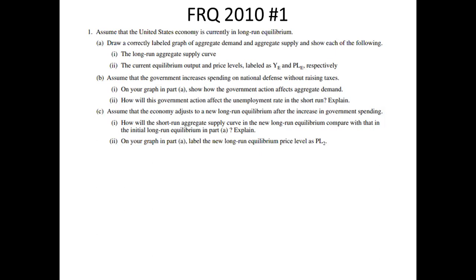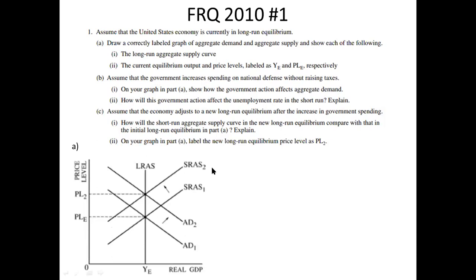So first thing we have to do is draw a graph, right? So we're going to look at our graph here. This graph includes parts from the rest of the question, but what you should draw is AD1, SRAS1, and LRAS. Boom, your long-run aggregate supply curve is always vertical. We are in long-run equilibrium. What does that mean?